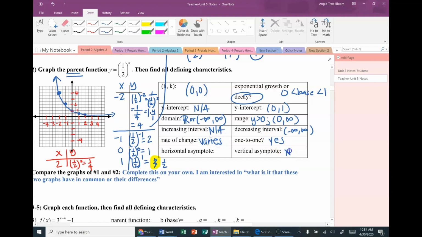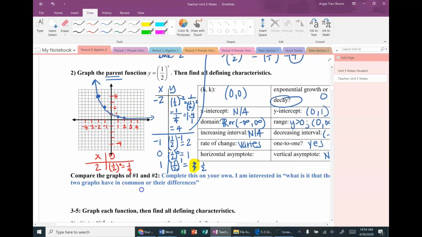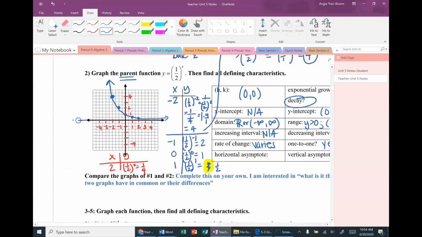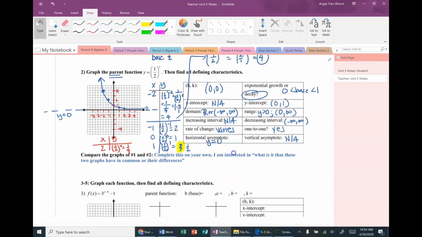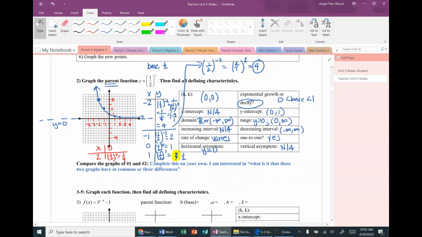You do not have a vertical asymptote. You do have a horizontal asymptote because we say that y can never be 0. So the horizontal asymptote is y equals 0. Let me just pinch this in so I can have the entire picture.